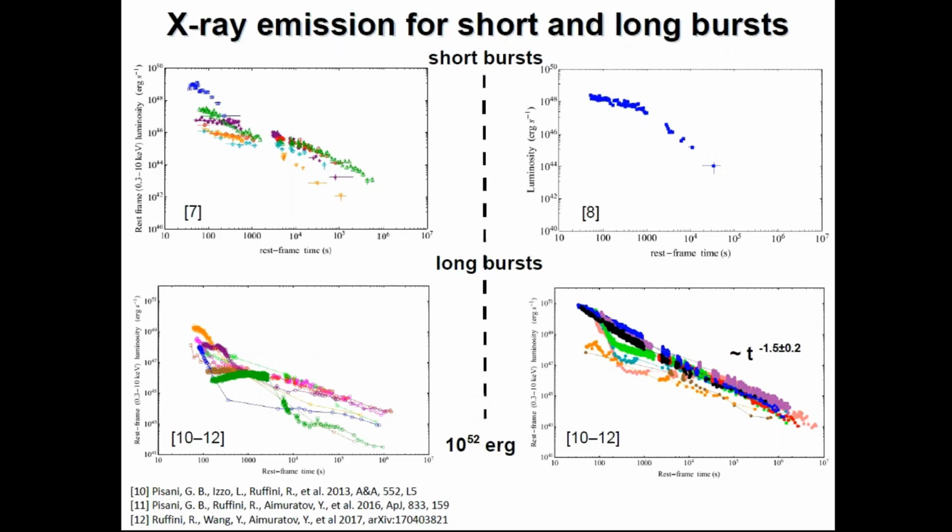What we think is that today you see the formation of the black hole. Now the black hole is there, still generates energy by rotation, but there is a long-term product.